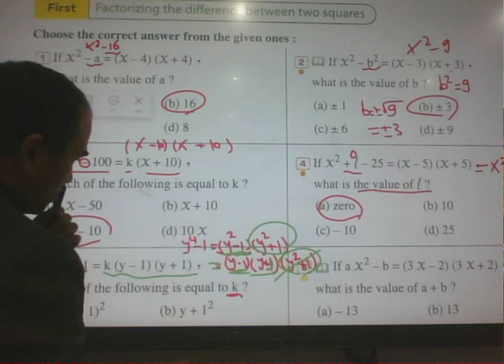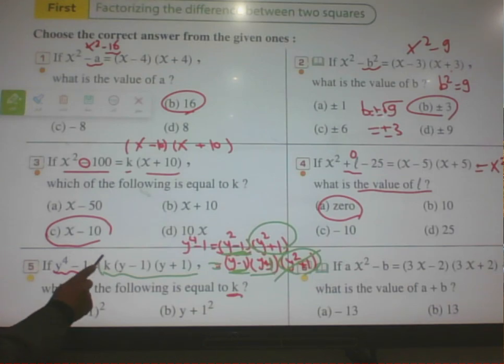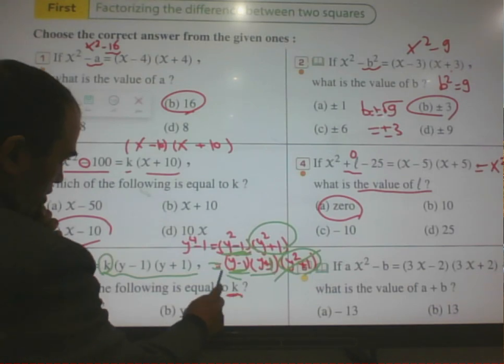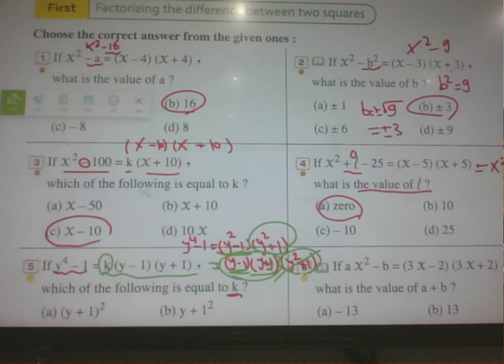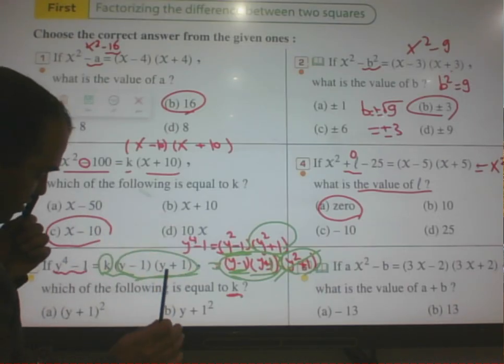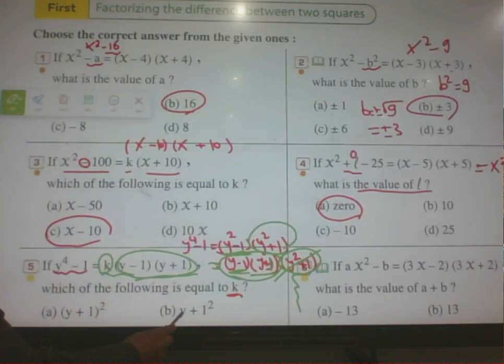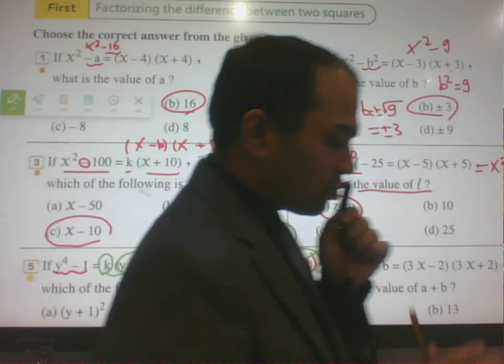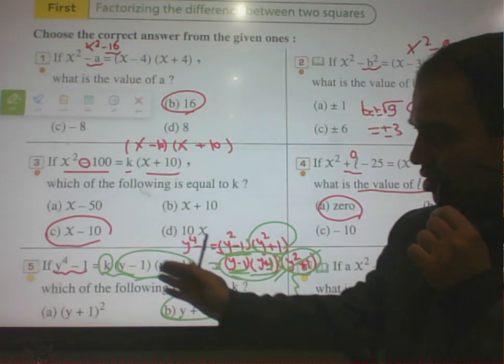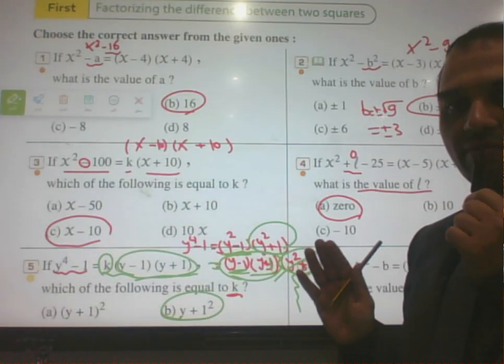Y power 2 plus 1 will be the value of k, because y minus 1 product by y plus 1 times y power 2 plus 1 is the expression. Then the missing factor here will be y power 2 plus 1. My students, you must complete the factorization of y power 4 minus 1.